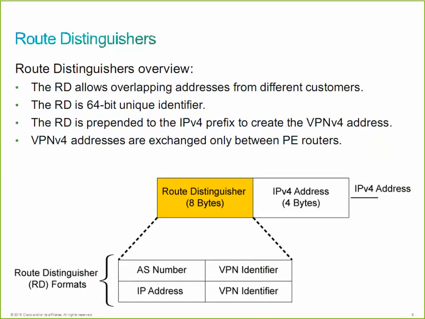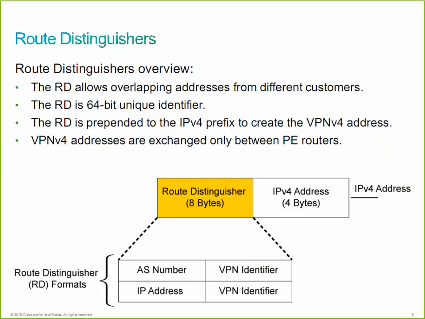To create this unique prefix, the route distinguisher that was assigned to the client gets combined with the IPv4 prefix. And just to be clear, guys, when I say prefix, I just mean a route, right? And the combination of that is called a VPN v4 address, okay?